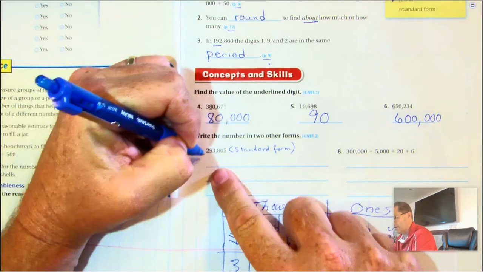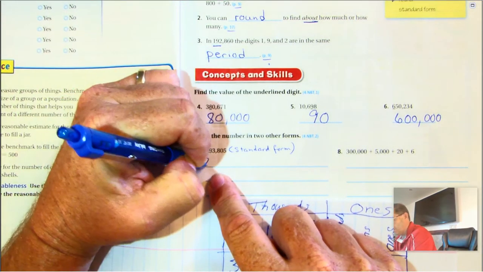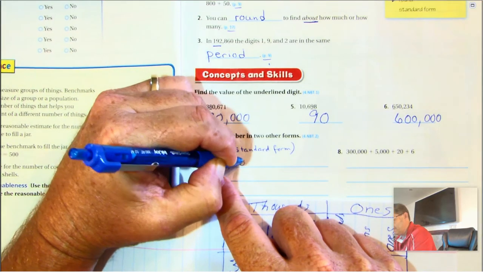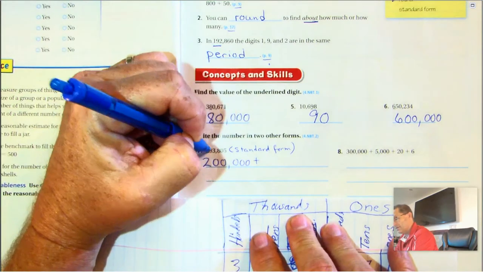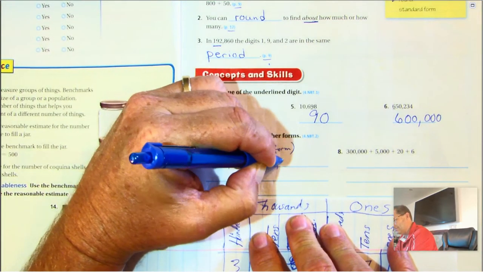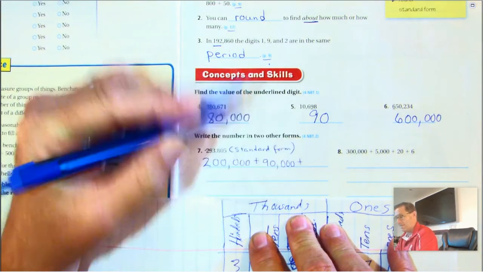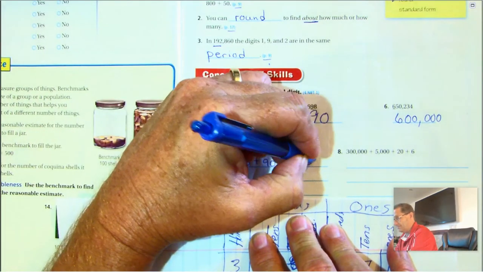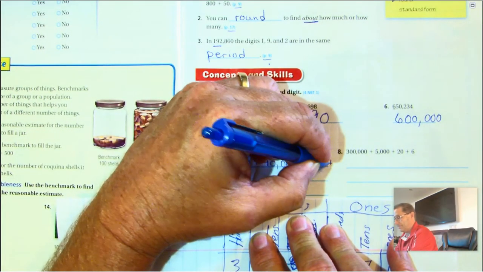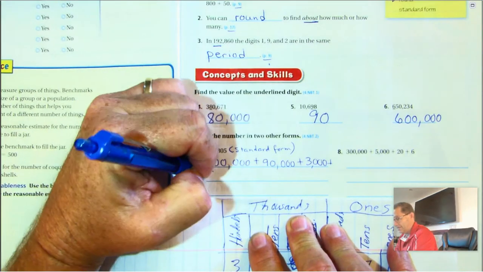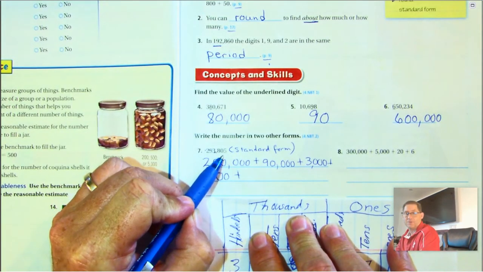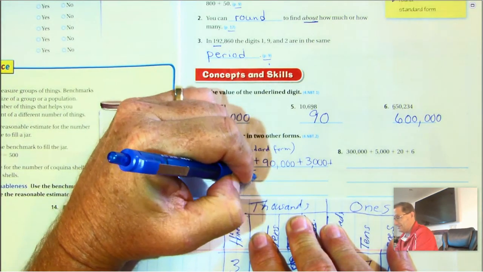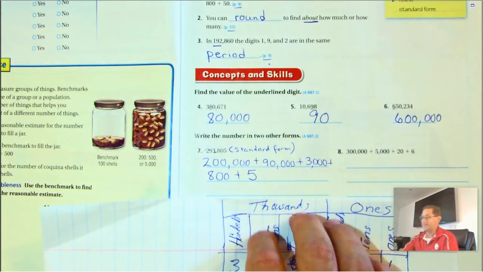So we can start that. So our largest value to the left is 200,000 plus 90,000 plus 3,000 plus 800. And then there's no tens, so I'm not going to write that, plus 5. So that's expanded form.